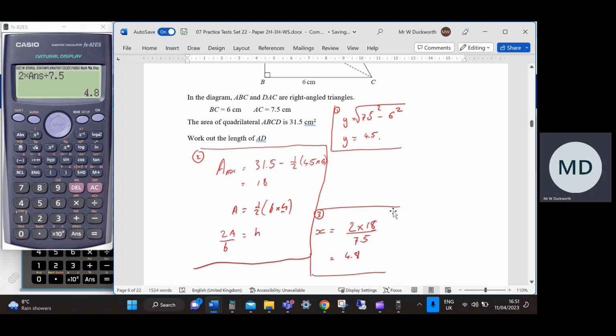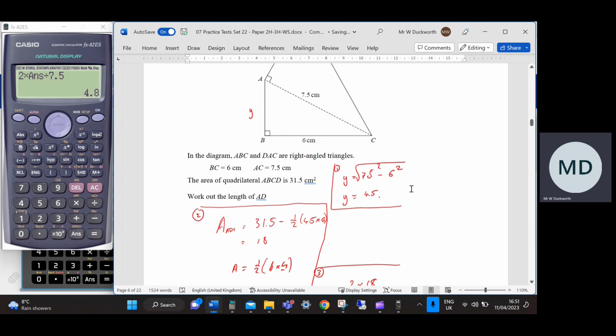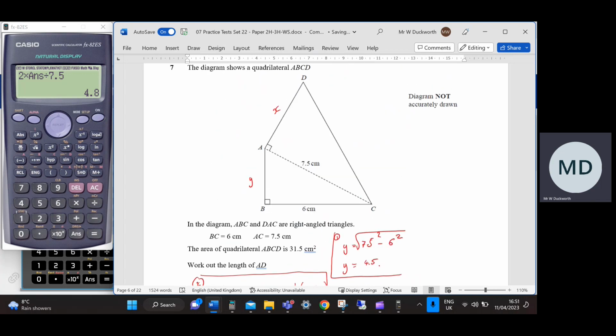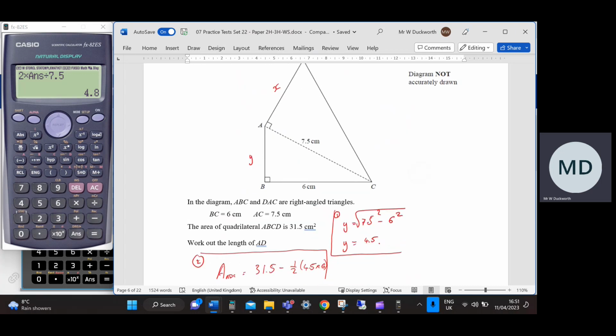Right. Is that the only question on the page? It is. So if I go to the mark scheme, M1 for correct first step to find AB, and M1 for complete method to find AB.